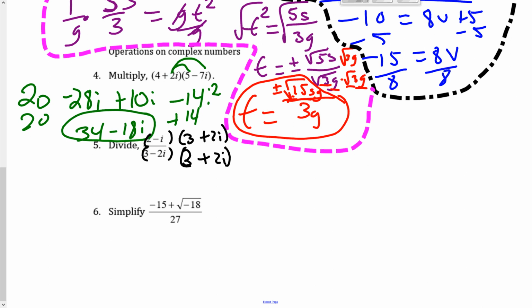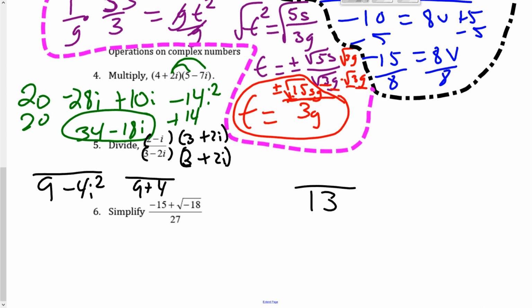Well, the bottoms are conjugates, so I'll multiply first times first, which is 9, and last times last, which is a negative 2i times a positive 2i, which is a negative 4i squared. And that i squared is going to change that sign to a positive 4. Then I have 9 plus 4, which is 13. So I'm going to have 13 on the bottom of my finished fraction there.